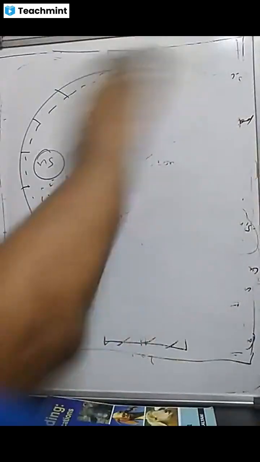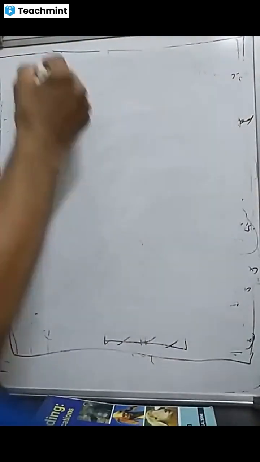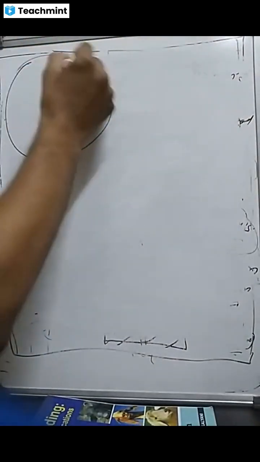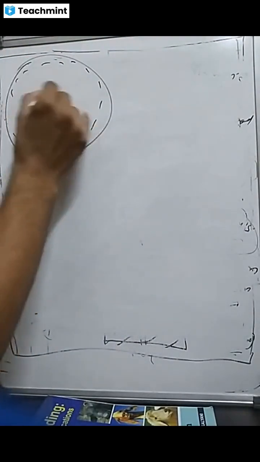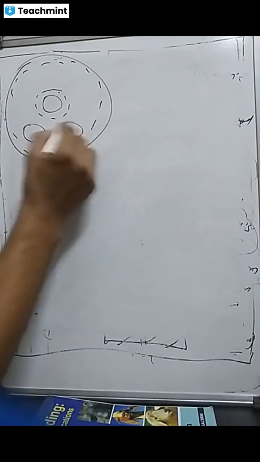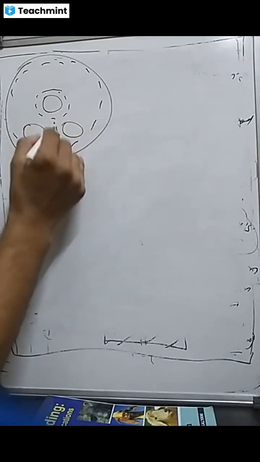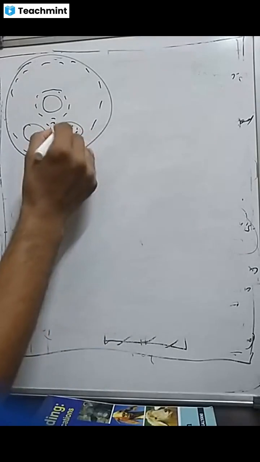Outer, inner circumferential, in between interstitial, and this is Haversian.